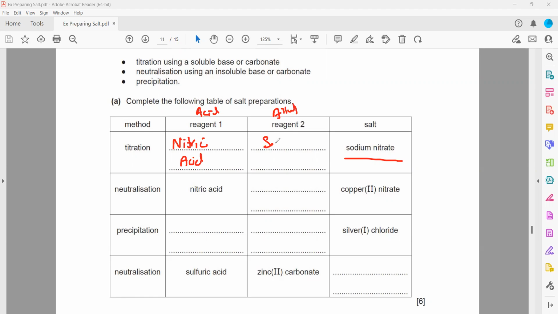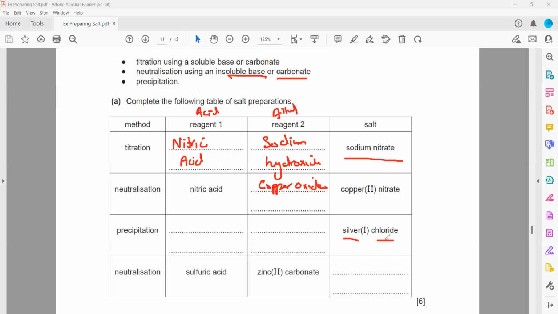So it should be sodium hydroxide. In neutralization, we use an insoluble base like a metal oxide or metal carbonate. Copper nitrate is produced as a product, so it should be copper oxide, because when copper oxide reacts with nitric acid, it gives copper nitrate plus water.